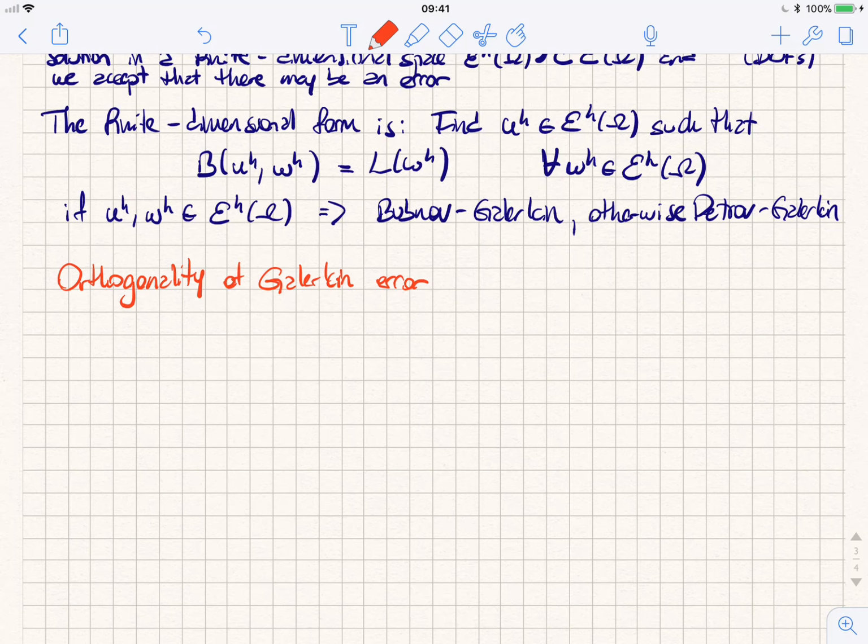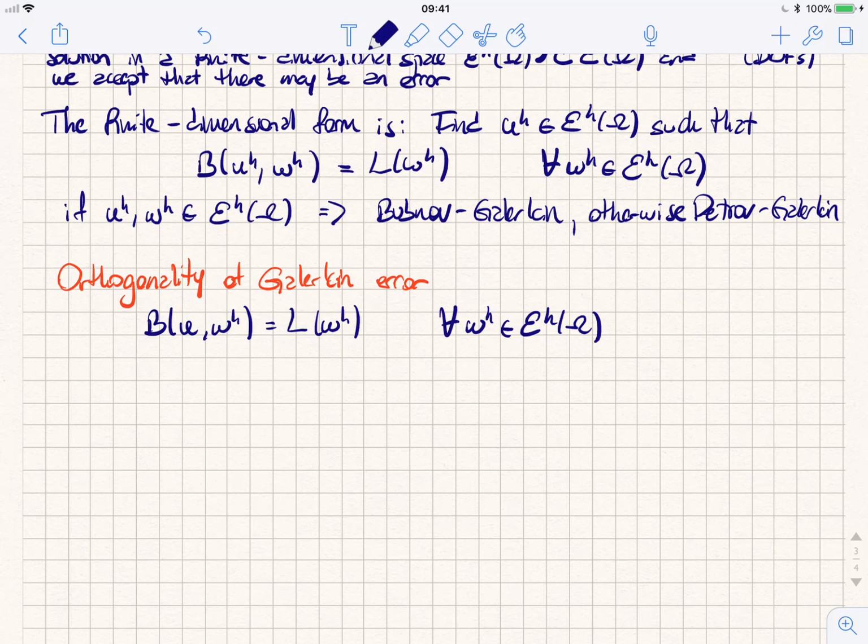So if you remember the first equation, the infinite dimensional equation that we wrote, we had B of u, w equal to L of w. But I can put w^h, because of course it has to be valid for all w, and w^h is actually a subset of the infinite dimensional space, so we can still write this equation, right?